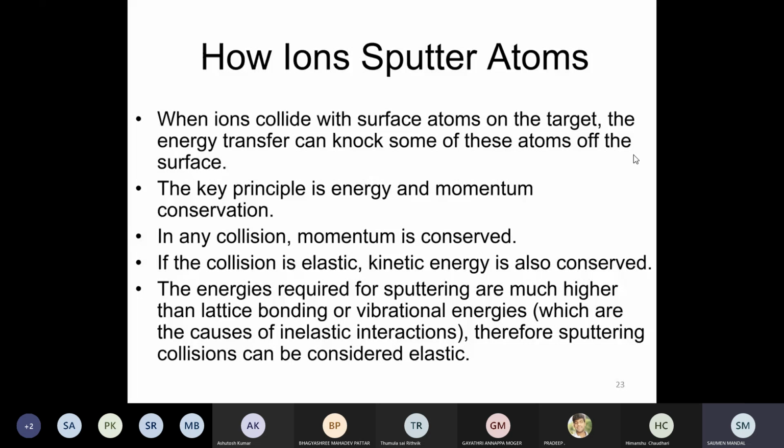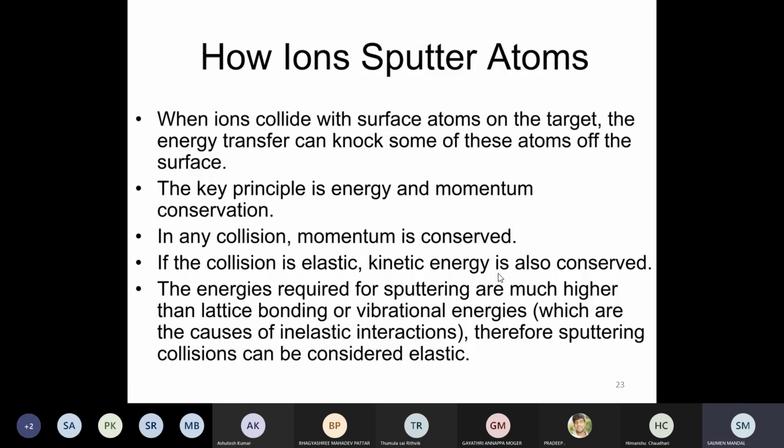As I told you, the surface atom's binding energy is slightly less because the surface has broken bonds. The key principle is energy and momentum conservation. In any collision the momentum is conserved, and if the collision is elastic, kinetic energy is also conserved.